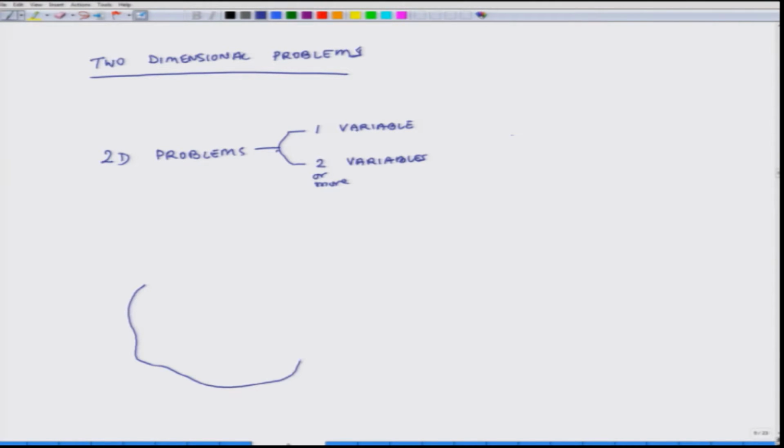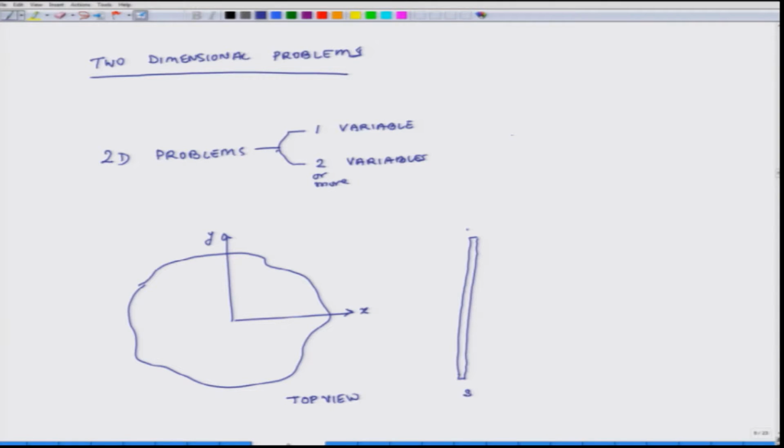Suppose I have a plate of this shape. If I look at this plate, this is x and this is y, and this is the top view of the plate, and if I look at it from the side, the plate looks like this. So, this is top view and this is side view.